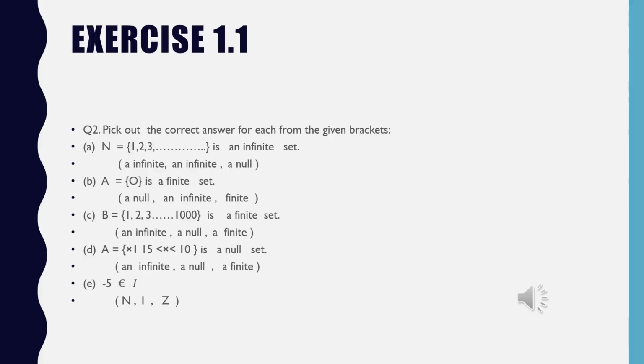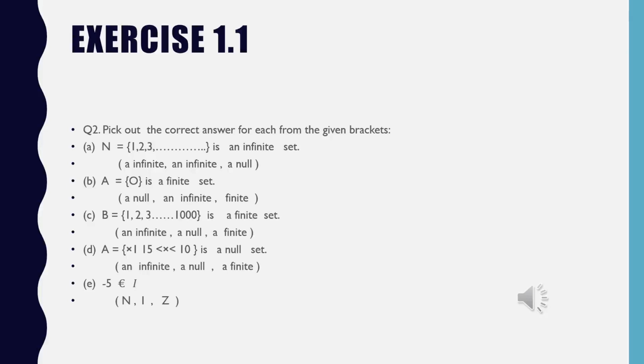Now come to the fourth part of this question, that is set A is equal to, with the elements written in set builder notation, {x such that x is a natural number greater than 15 and less than 10} is a dash set. The options are a finite, an infinite, a null set.